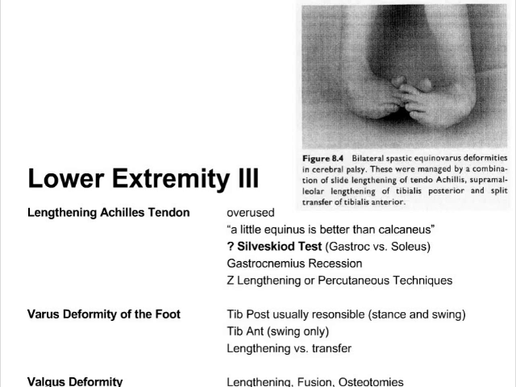Gastroc obviously crosses the knee joint and soleus inserts proximally into the tibia. If there is an isolated gastroc contracture, then gastrocnemius recession is a preferred procedure, and there are a number of different techniques described for lengthening of the Achilles tendon.